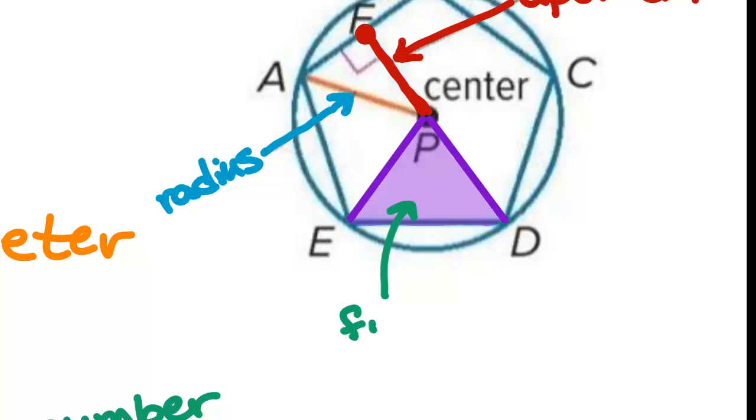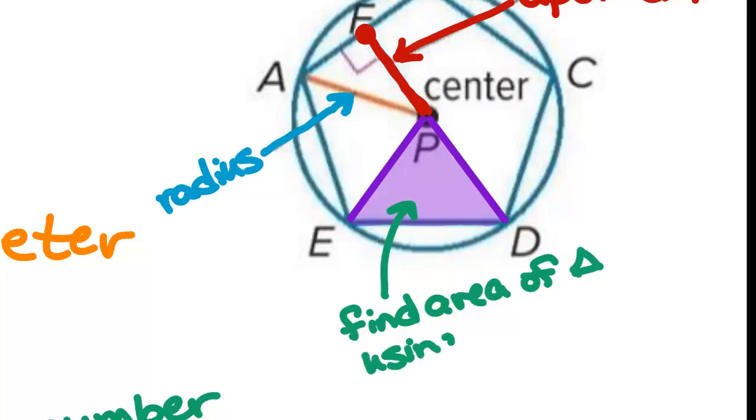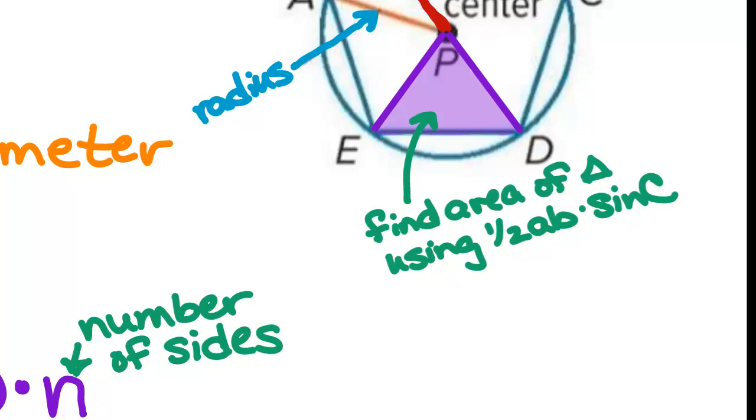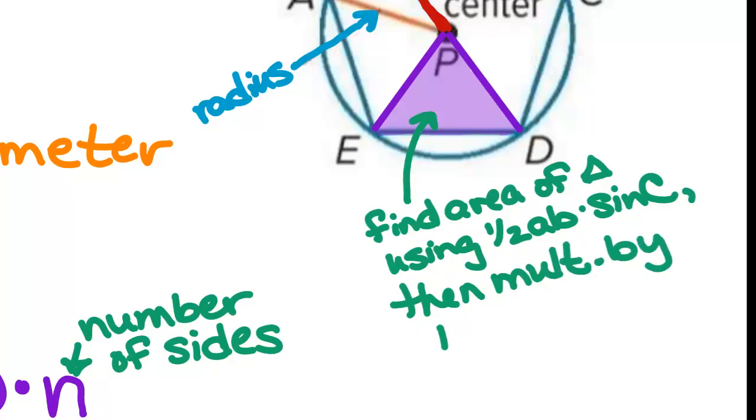We find the area of the triangle using 1/2 AB times the sine of angle C, then multiply by the number of sides.